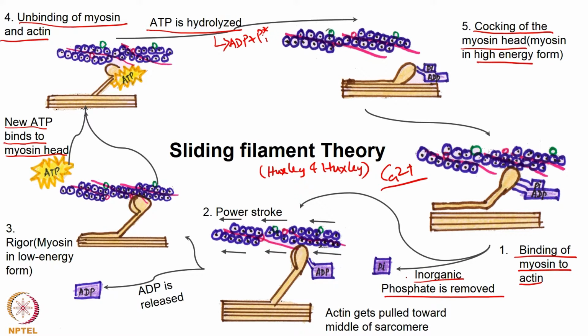When the inorganic phosphate is removed, the myosin head pulls the actin, or the thin filament, toward the middle of the sarcomere, essentially reducing the distance between two Z discs and producing a force that is serially transmitted. Actually that force is transmitted both serially and laterally, okay. But lateral force transmission is a relatively technical, deep topic that we will not discuss as part of this course.